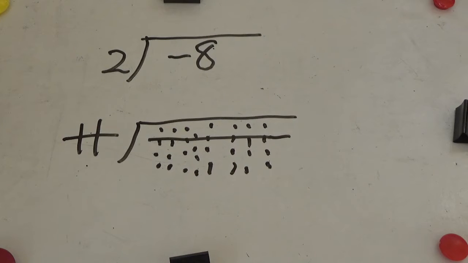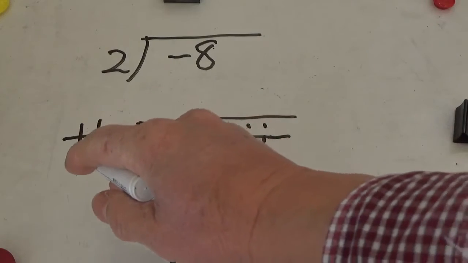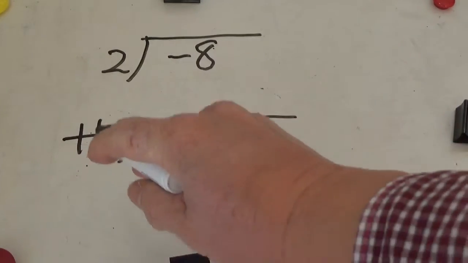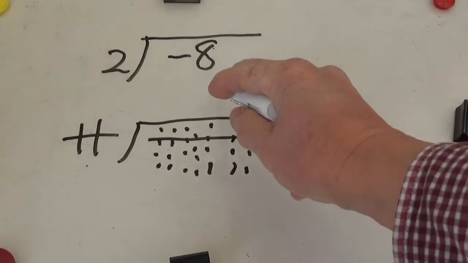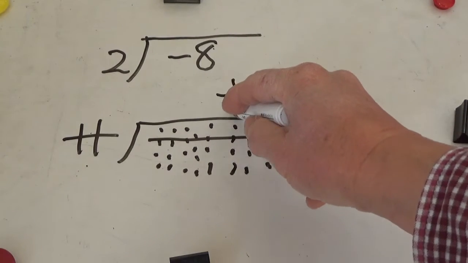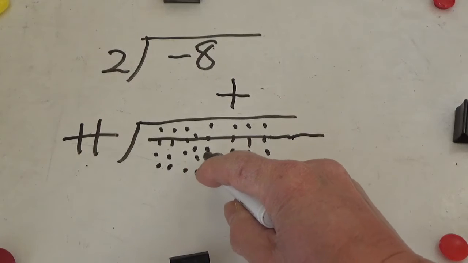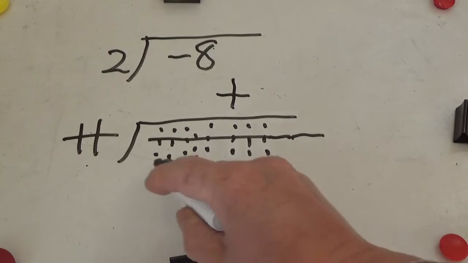Minus 8 divided by 2. So I will try by these lines. I try to subtract once. 1, 2, 3, 4, 5, 6, 7, 8.